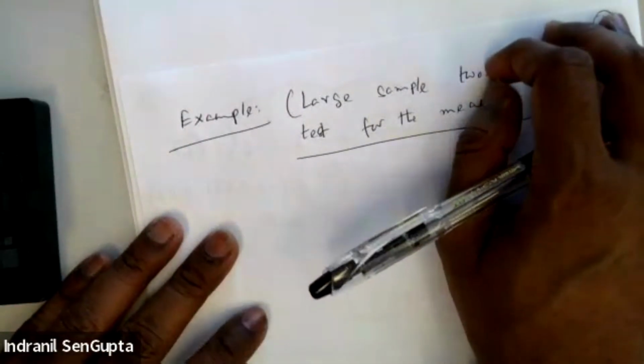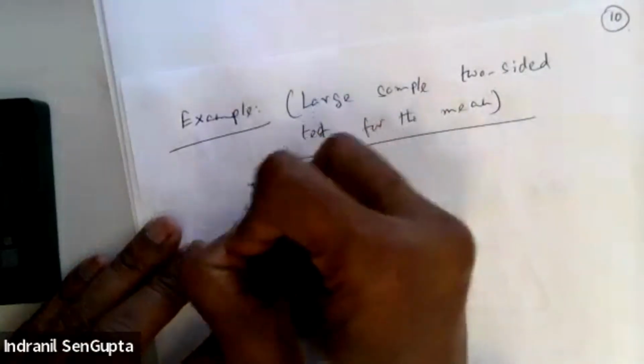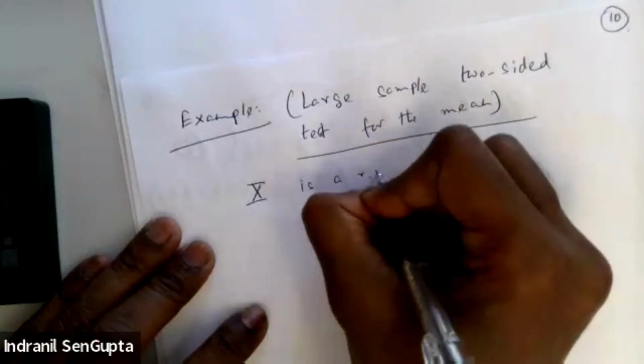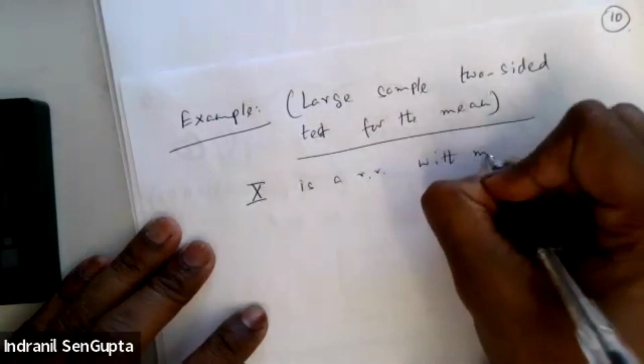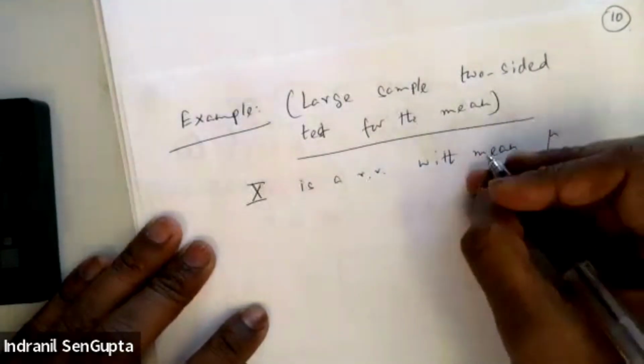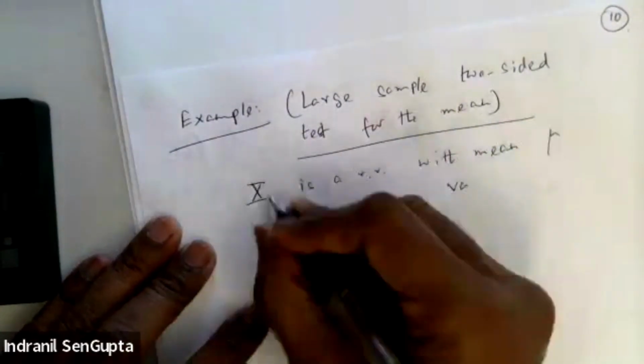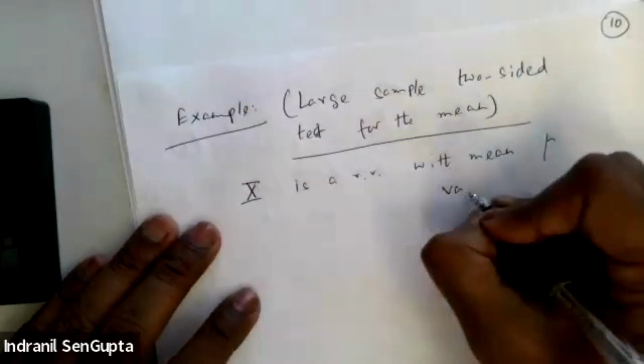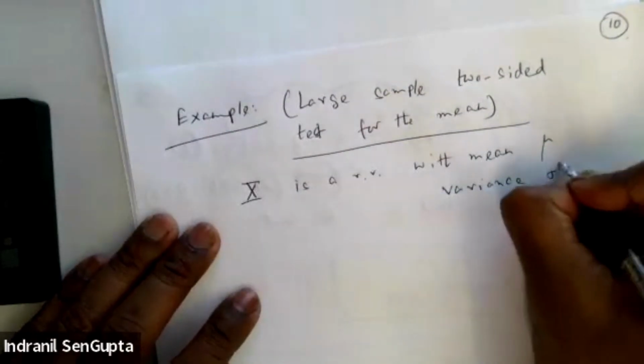What we're assuming is that x is a random variable with mean mu and variance sigma squared. Note that it's not necessarily a normal random variable.